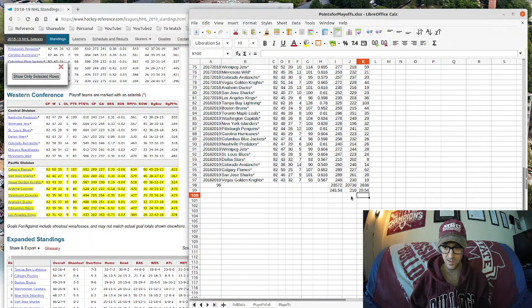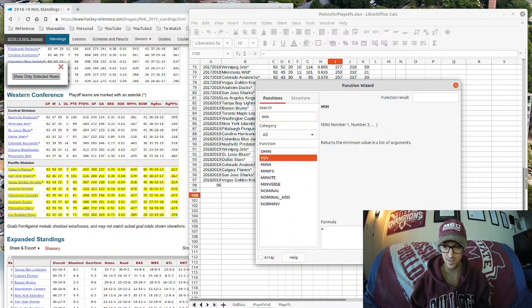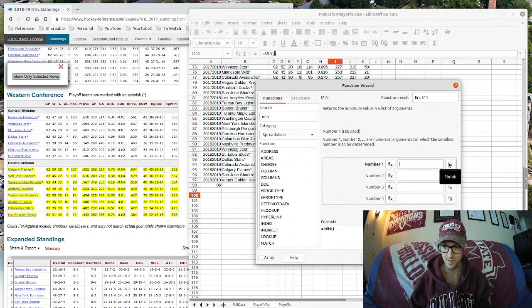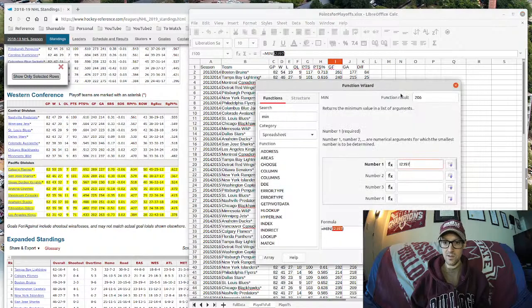Then we want minimum. So this is to give us the minimum goals required to make the playoffs. And that's from all 6 seasons.